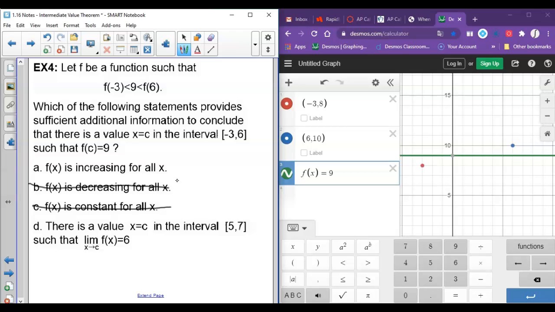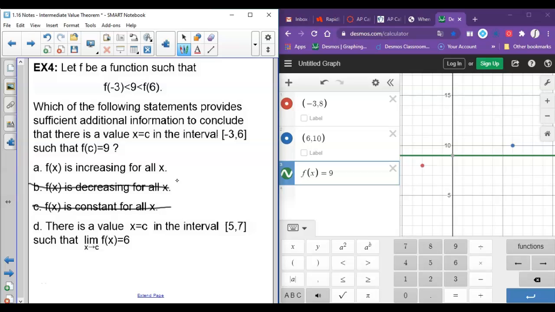And so for D, let's look at that first because that's the most complicated. There is a value x equals c in the interval from 5 to 7, such that the limit as x approaches c of f of x equals 6.